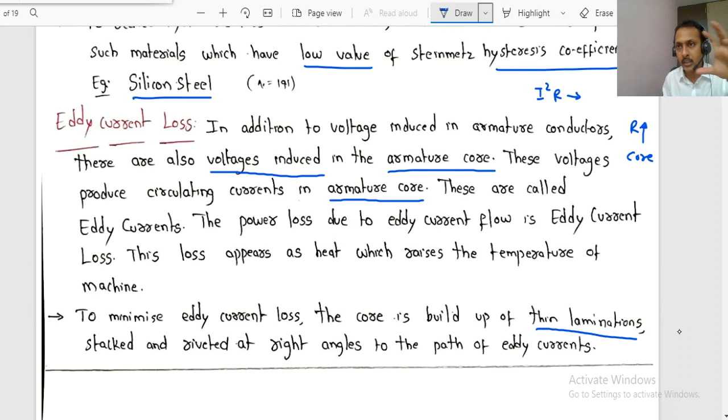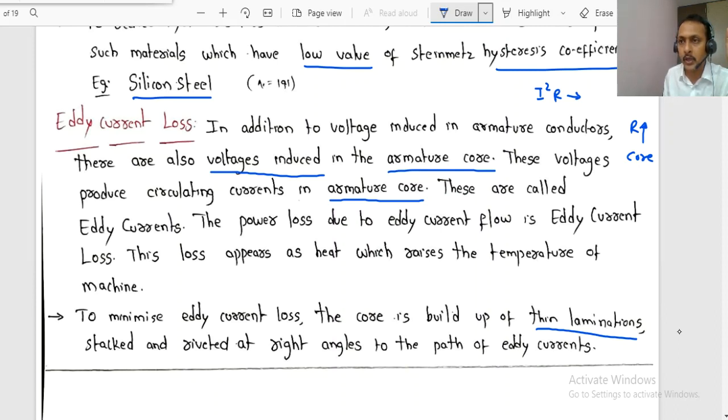The shape-wise it looks the same, but instead of making that armature core with a single solid block, you make it with the help of thin laminations, and those laminations are to be insulated from each other using varnish material. I repeat again, simply to say, the eddy current losses are mainly due to the voltage induced in the armature core.